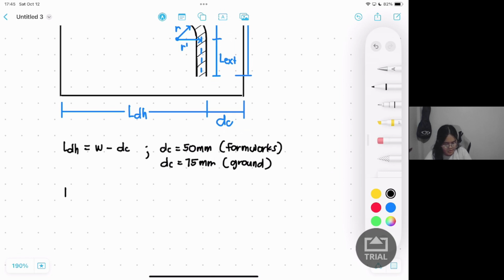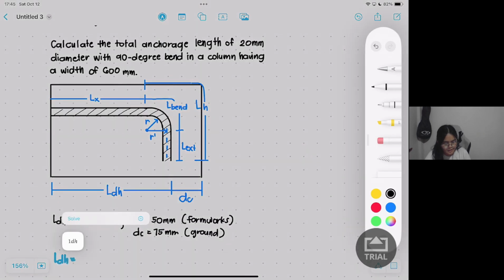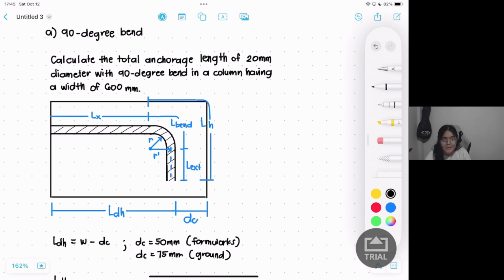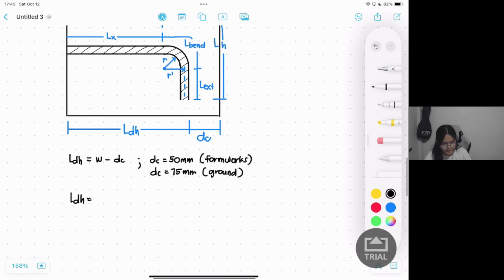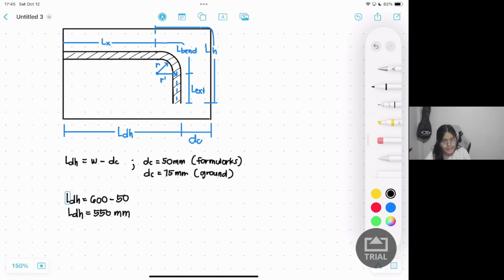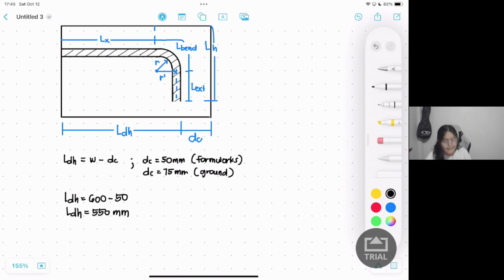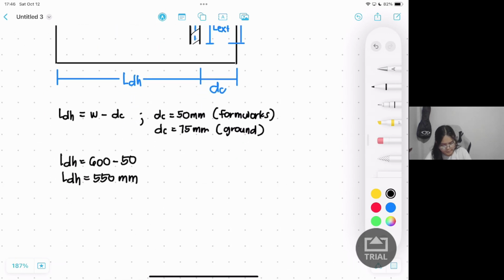Okay? So, LDH and based sa problem natin 600 mm daw yung support natin. So 600 minus 50, that is 550 mm. Okay? And then pwede na nating makuha yung value ni LX. Paano?